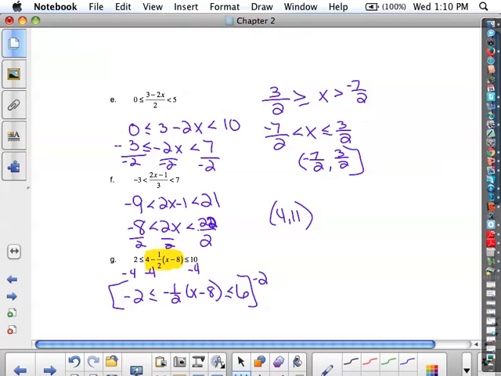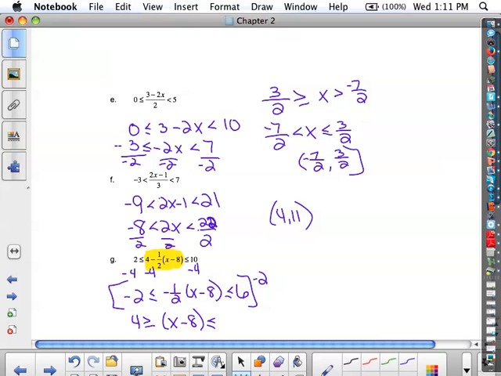Now again, when you multiply or divide by a negative 2, you want to reverse those inequality symbols. So this is going to be 4 is greater than or equal to minus 1/2 times negative 2 will give me a 1, and that makes that x minus 8 is less than or equal to 6 times negative 2.